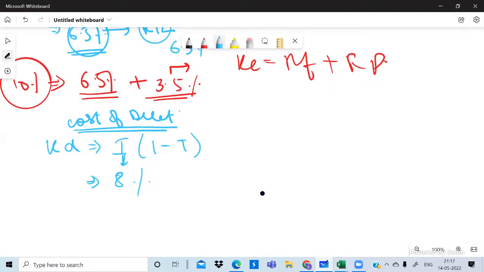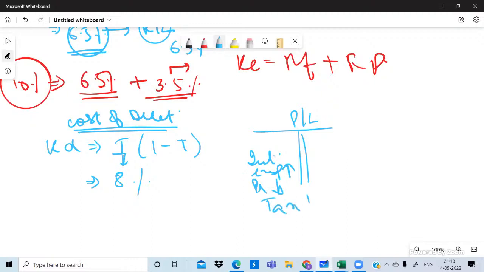So I have to pay 8% to SBI on my home loan. But when I take that loan, or let's say it's a business loan, and I make my profit and loss account for my business, I will claim that interest as an expense in my P&L, because of which my expense will go up, profit will go down. And if my profit goes down, the tax that I have to pay to the government will also go down.